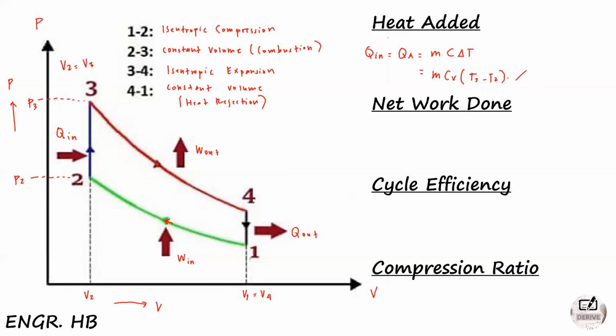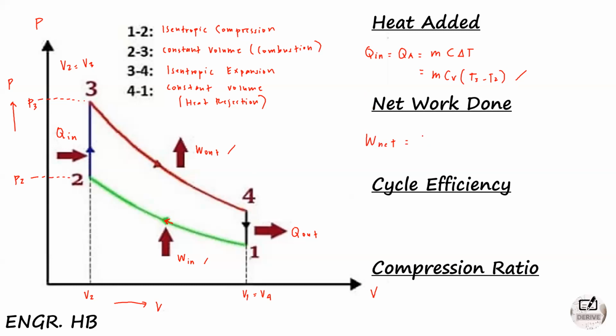So we have this so-called net work done. Of course, this net work done is kung natatandaan natin, this is the difference between the two works. So dalawa lang naman ang work na involved, which is your work out and work in. So let us represent the net work done as W net.